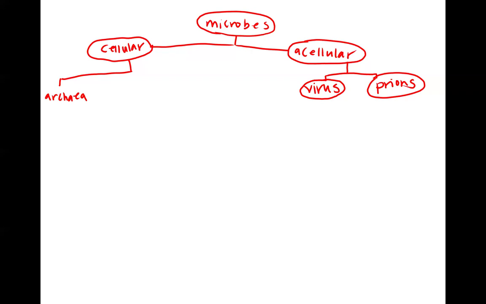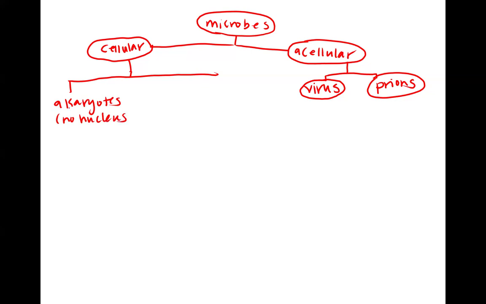That's an N and not an H. I know it looks like one. Then eukaryotes.